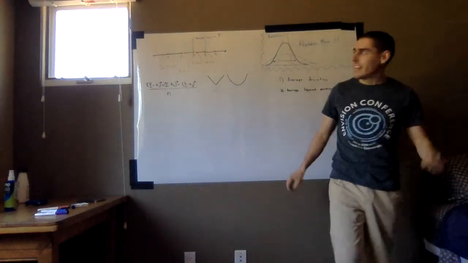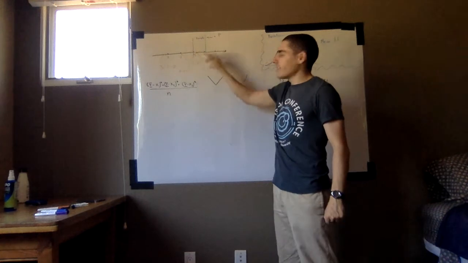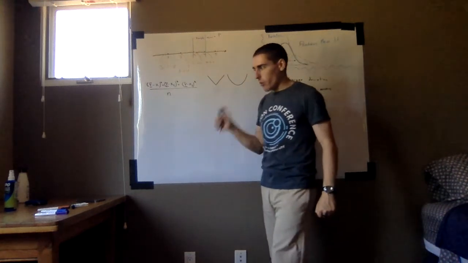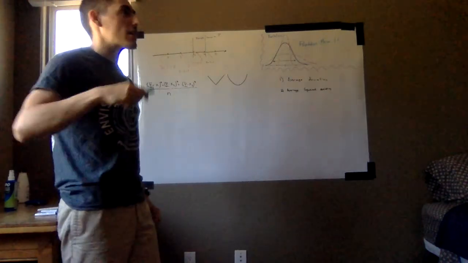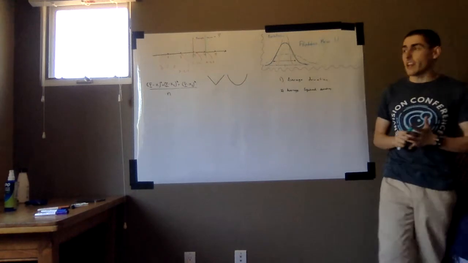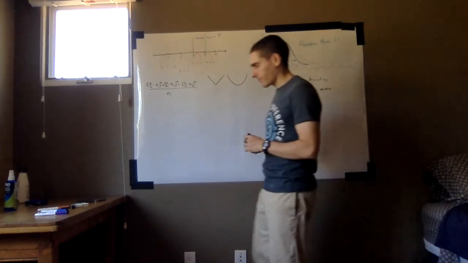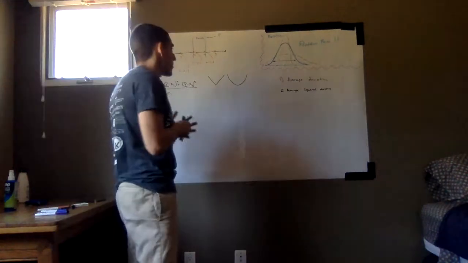Well, basically, the sample mean, the mean of all of your data points, is always going to be close. All of the data points are going to be closer to the sample mean than they are to the true mean, because the sample mean is defined from those data points.